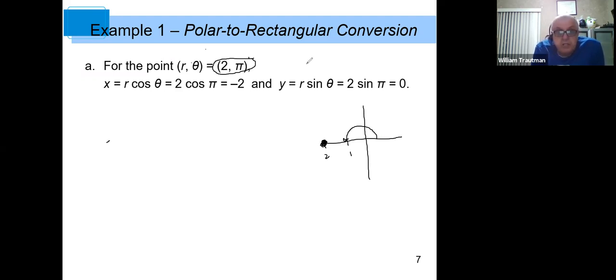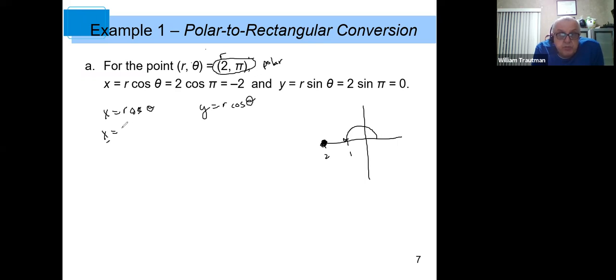Don't forget how to convert polar to rectangular. See, this is polar, and we have to change it to rectangular. X equals r cosine theta. And don't forget about y equals r sine theta. And once again, r is 2.